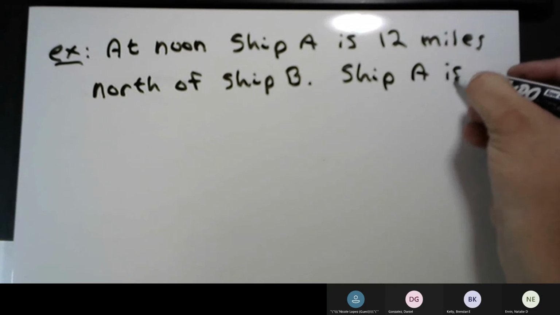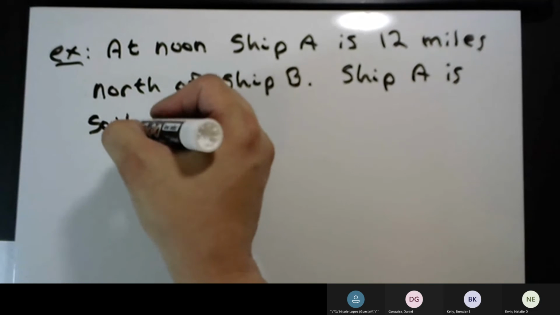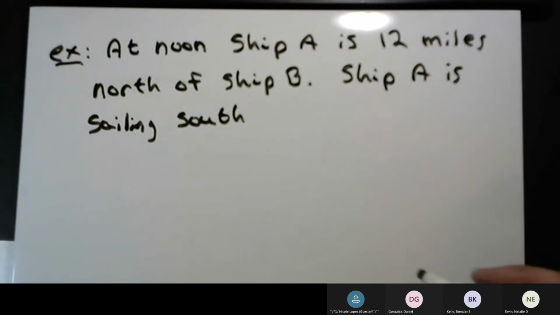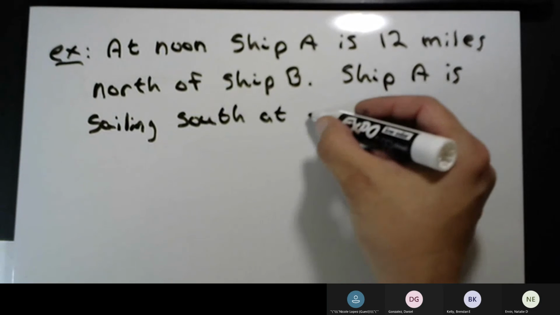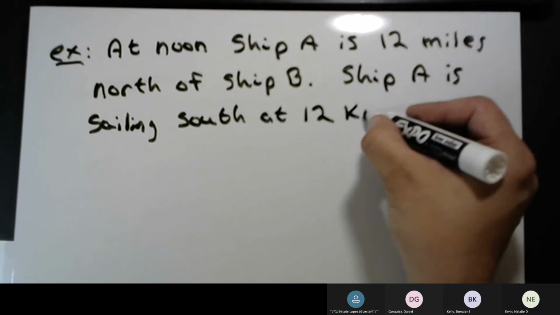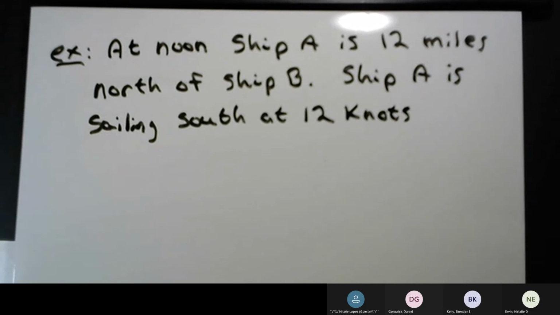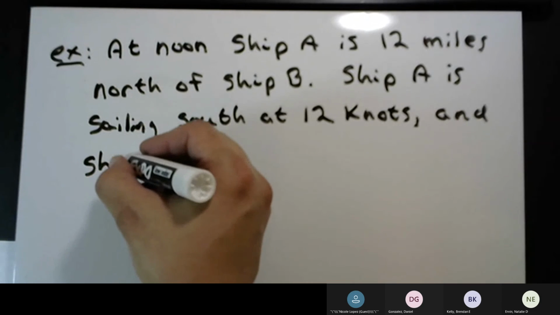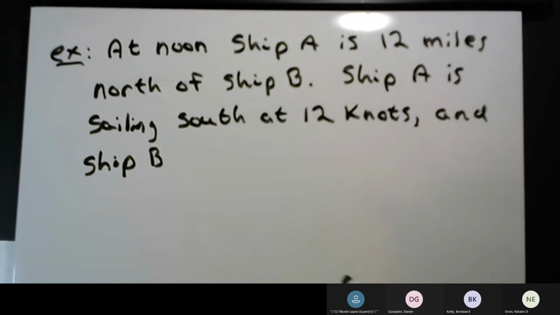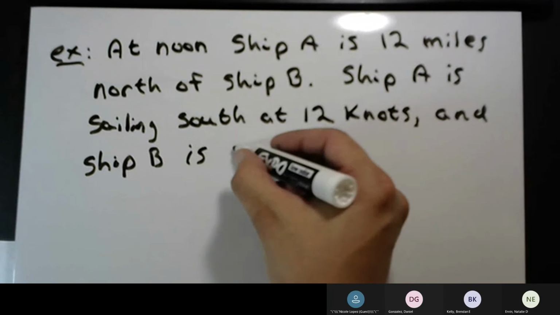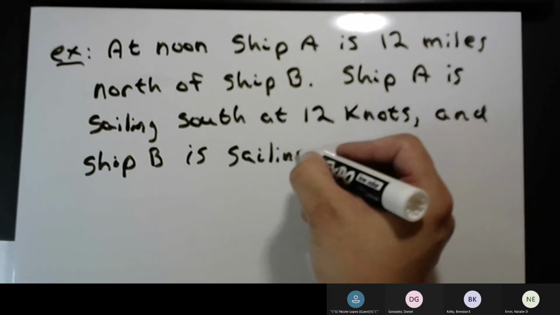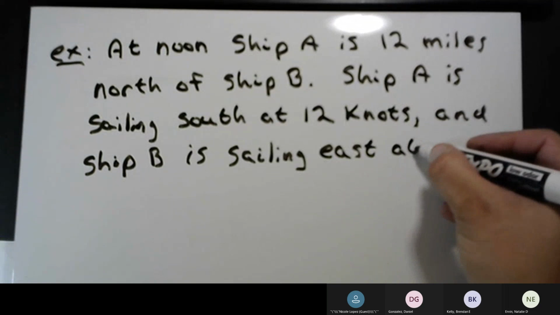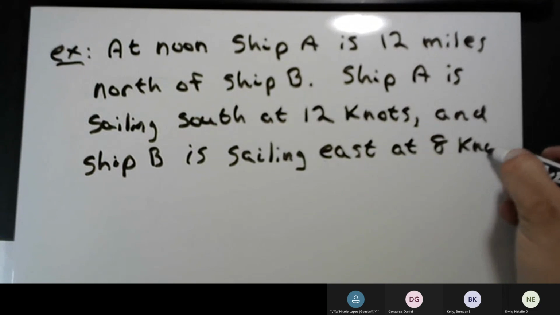Ship A is sailing south at 12 knots. And ship B is sailing east at 8 knots.